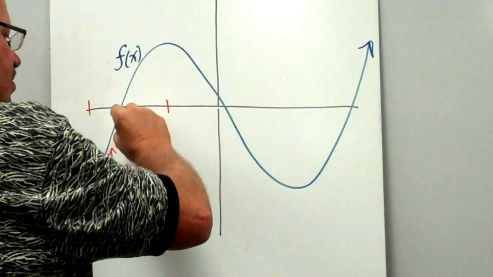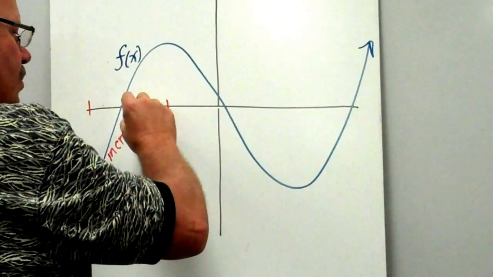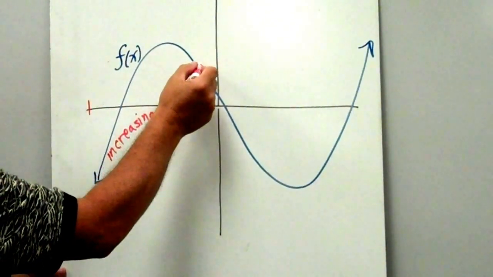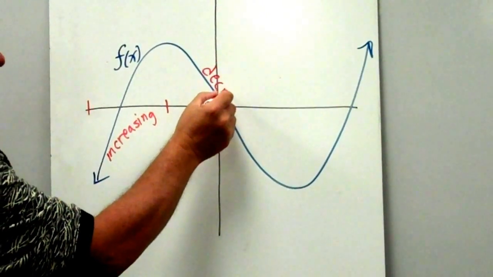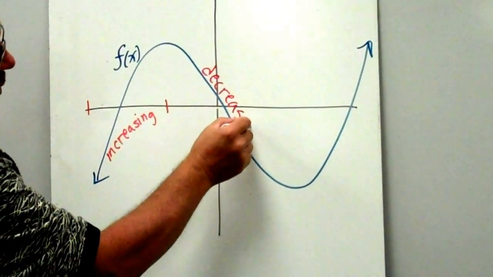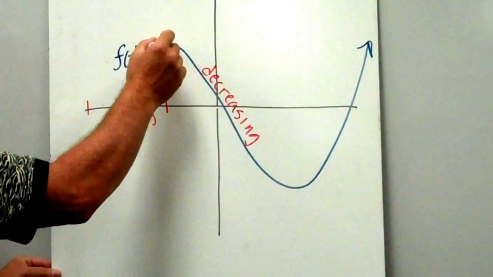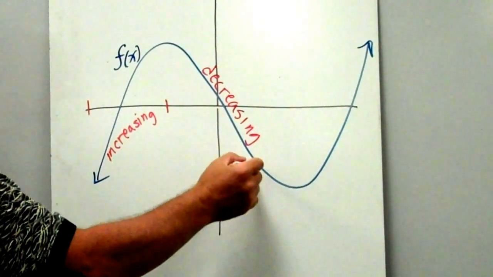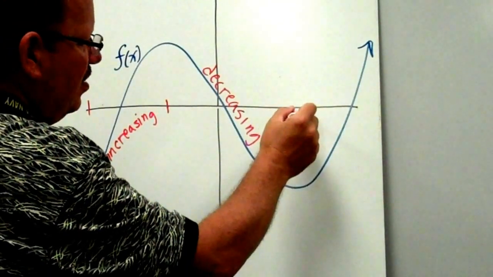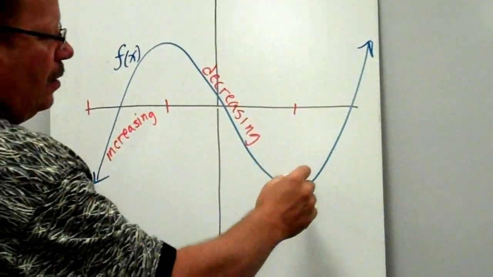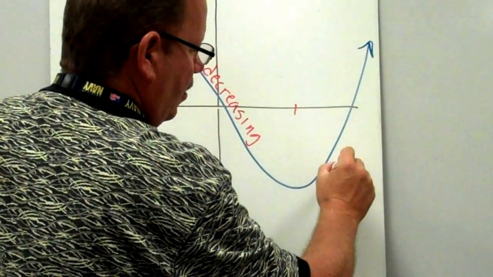It's increasing, it's going up. And you get onto this interval, and it's decreasing, because f of x, the y values, are going down. You get back into this interval, and it's increasing again.